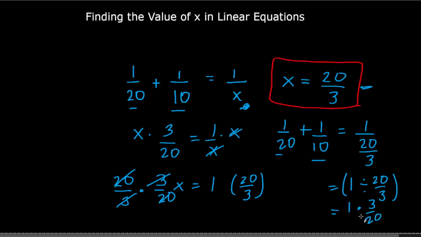So, bale, 3 over 20 na lang siya effectively. And now, i-add naman natin 'to. 1 over 20 plus 1 over 10, gaya ng kanina, ang sagot is 3 over 20. So, kung mapapansin nyo, equal yung left side and right side. That means, valid 'tong nakuha nating x. So, tama yung sagot natin.